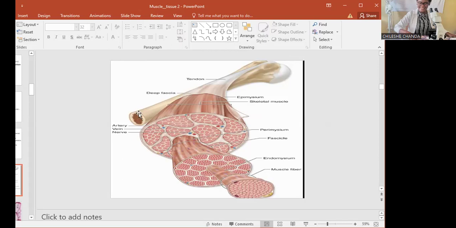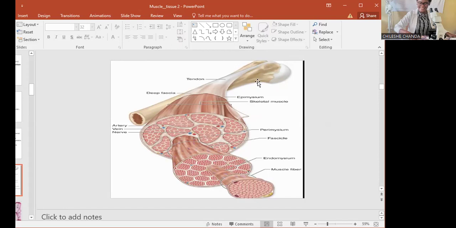Looking at where the muscle is passing, we are going to say this is the biceps. These are biceps muscles, those biceps that you guys go and lift weights to build up.